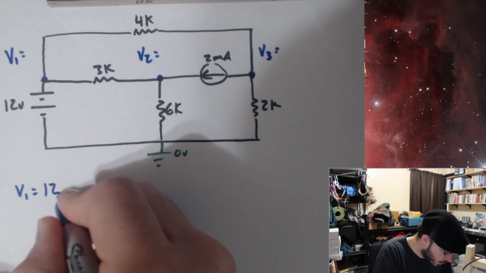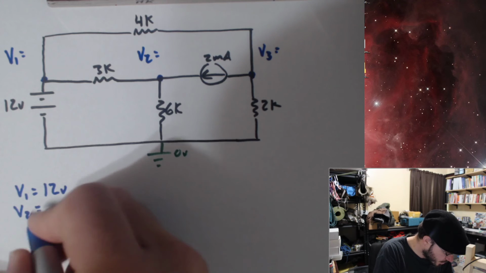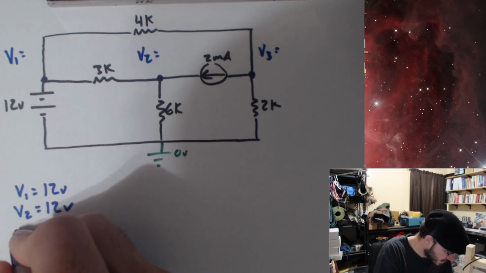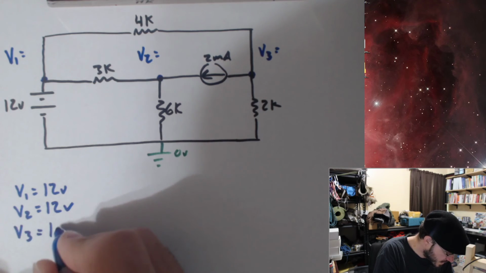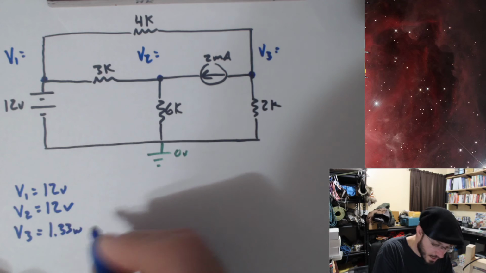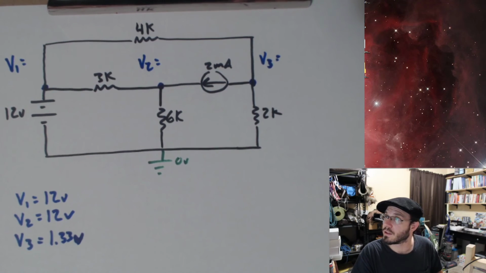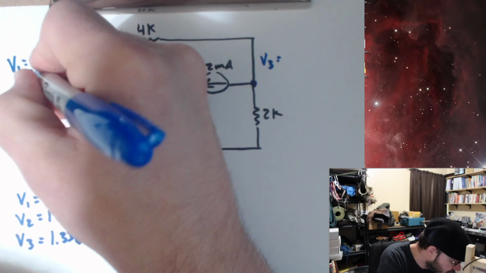V1 is equal to 12 volts, and you'll find out V2 was also equal to 12 volts, and V3 was equal to 1.33 volts. Okay, so let's go ahead and plug those in and see what's going on.